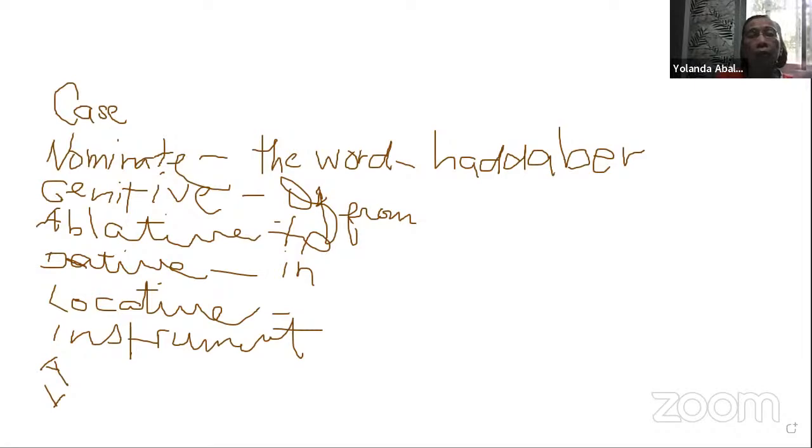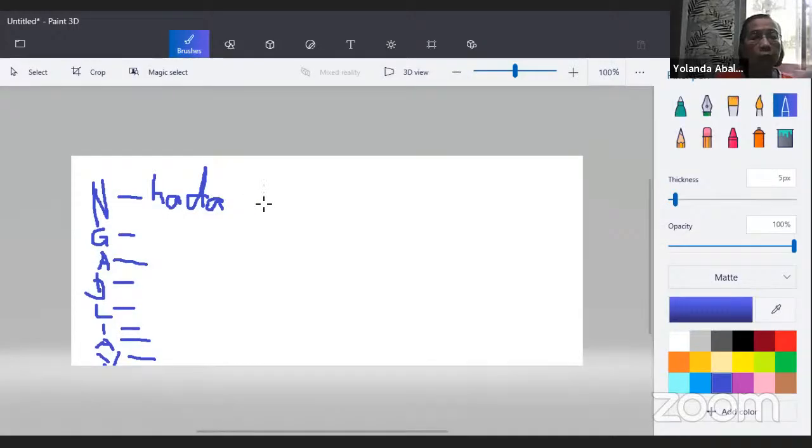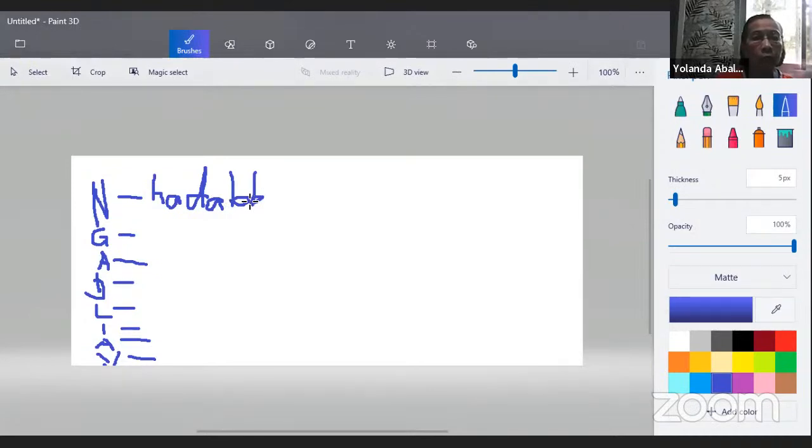Stop share. Yan. Ibig sabihin nito, the word. Yan. Then we have the genitive.